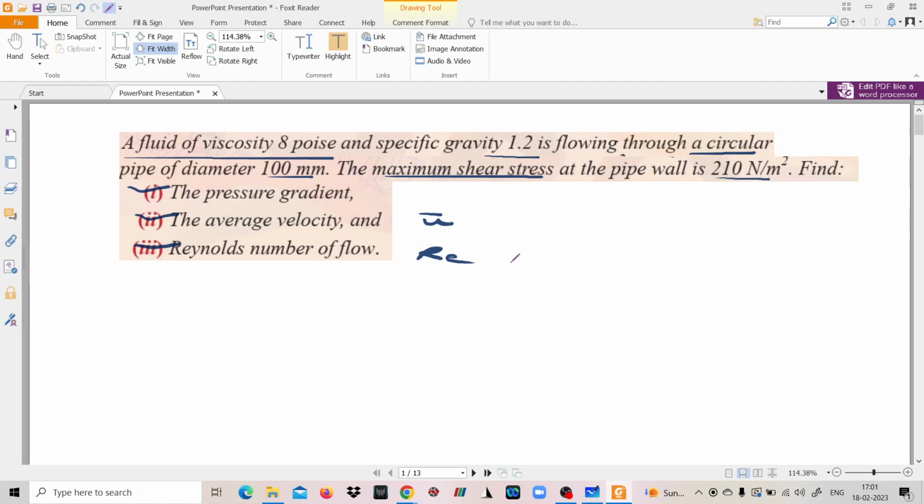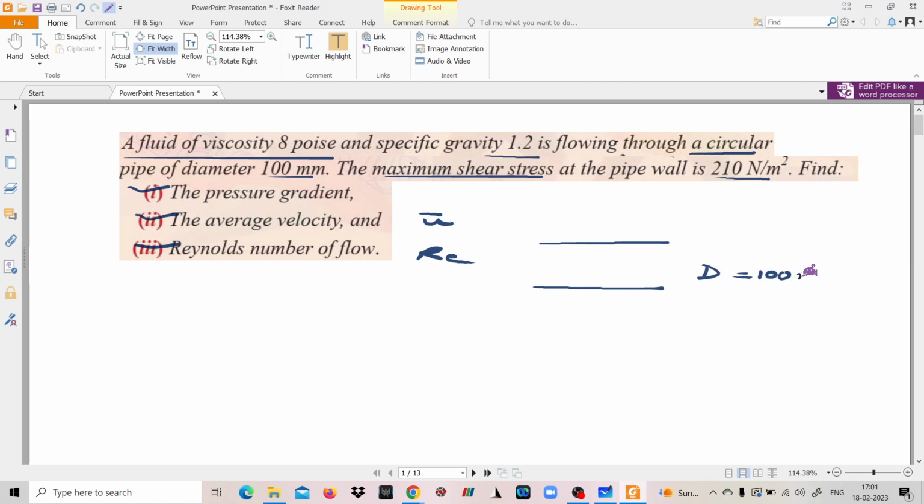So basically what is the situation? There is a pipe whose diameter is 100 mm and there is a fluid flowing through that pipe whose viscosity is 8 poise.